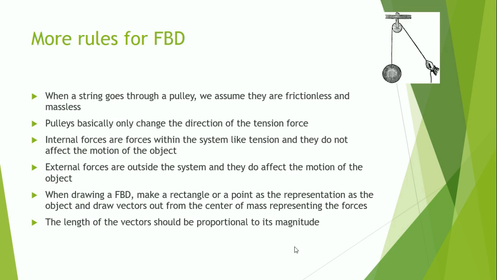And so if it's only 0.3, it should be 30% of the length of the normal force, but just make sure they're proportional to the actual magnitude. It's always important to do that and think about that.